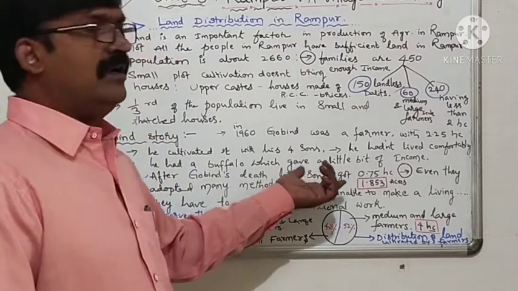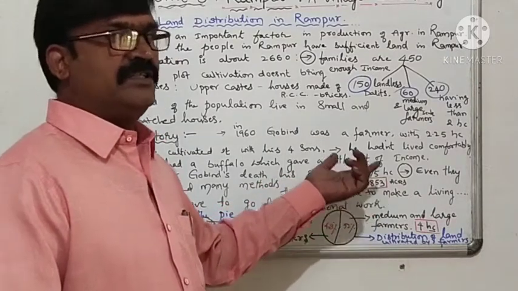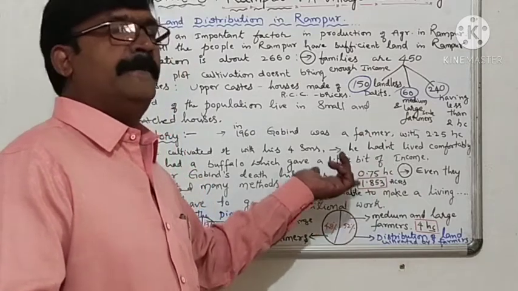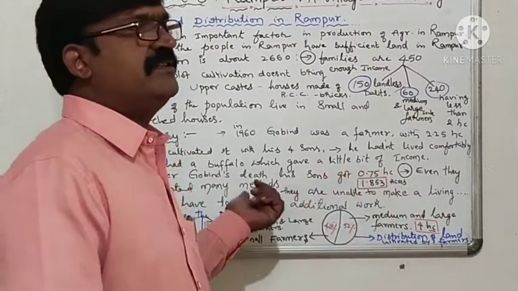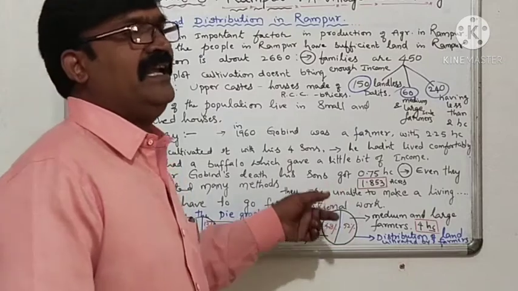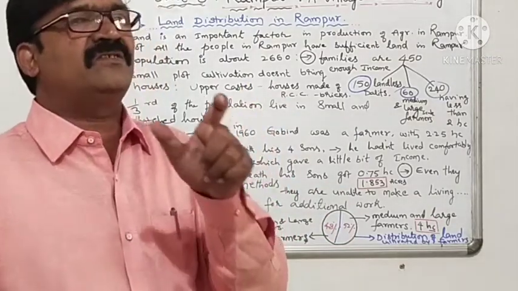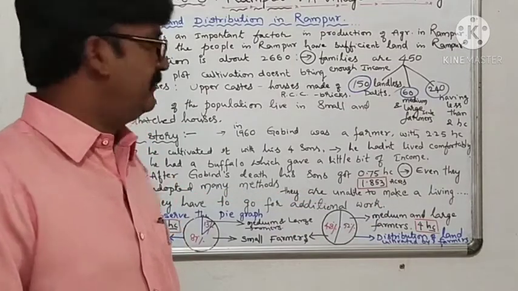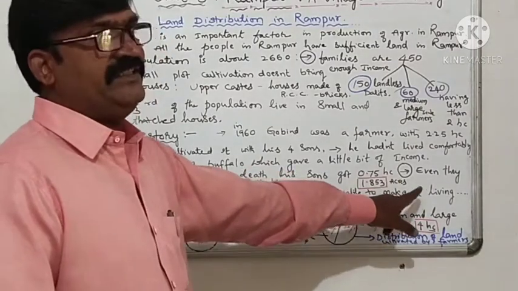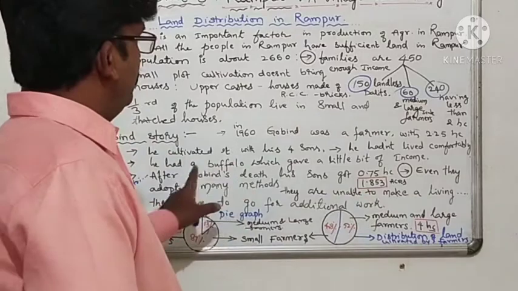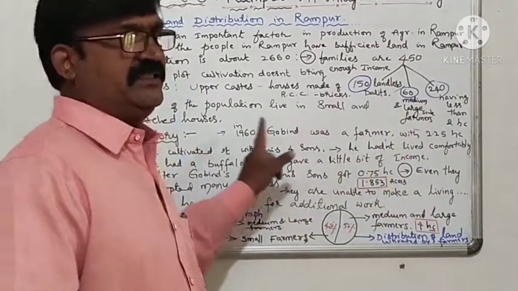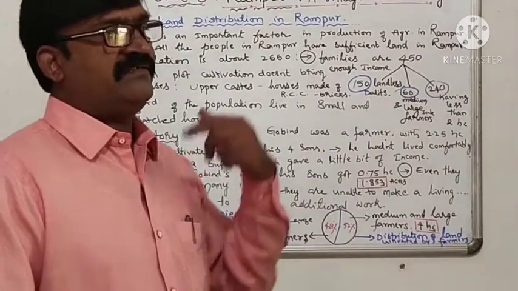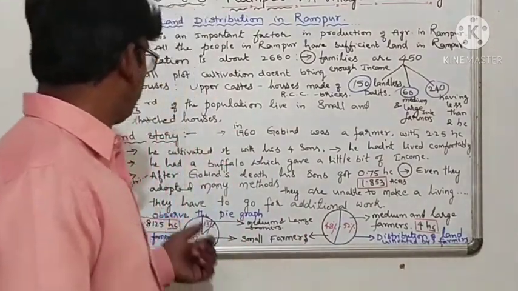This is the reason they faced: they have a small size of plot to cultivate, that means 1.853 acres. This is the similar aspect to the Rampur economy as well as the Indian economy.